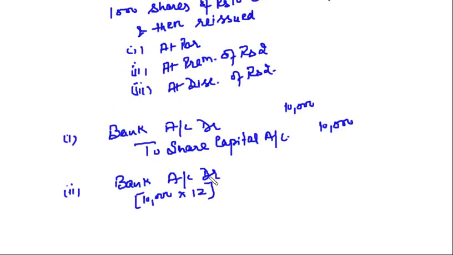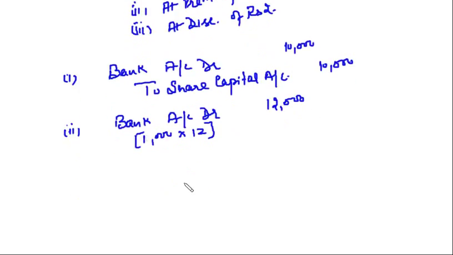Sorry, 1000 shares, not 10,000 shares. 1000 shares at the rate of rupees 12. 12,000. Now, out of this 12,000, what is capital and what is premium?